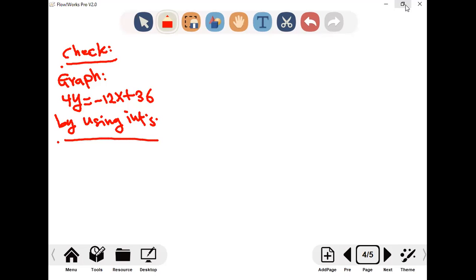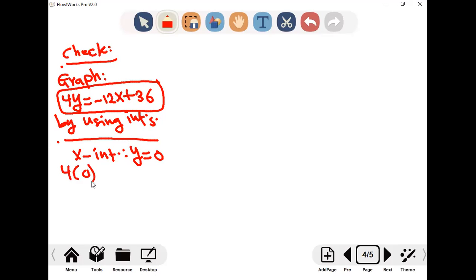Let's find the x-intercept first. To find the x-intercept, put y equal what? Put y equals 0, right? Let's go: 4 multiply 0 equal negative 12x plus 36. 4 times 0, 0 equal negative 12x plus 36.